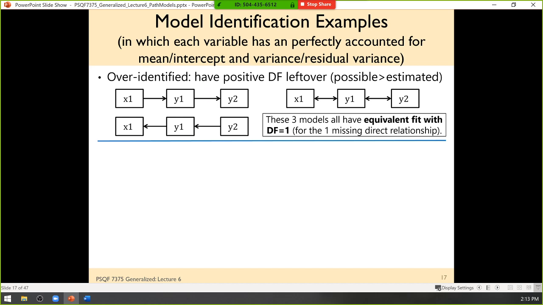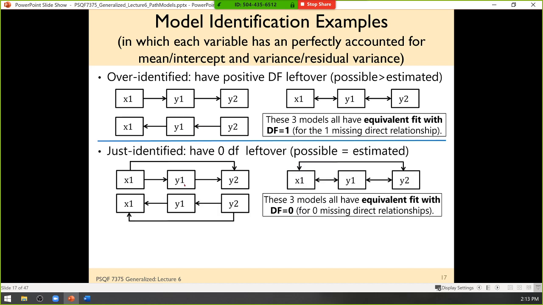So the model is saying that x1 and y2 are related, but they're only related because of their shared connection with x1, or y1, excuse me. So the two paths multiplied together get to the relationship between those. That could be wrong. So you have 1 degree of freedom, 1 missing path to worry about. If you put the path in, there's no degrees of freedom left. You've put in as many direct connections as there possibly are in the data, and you can't be wrong.